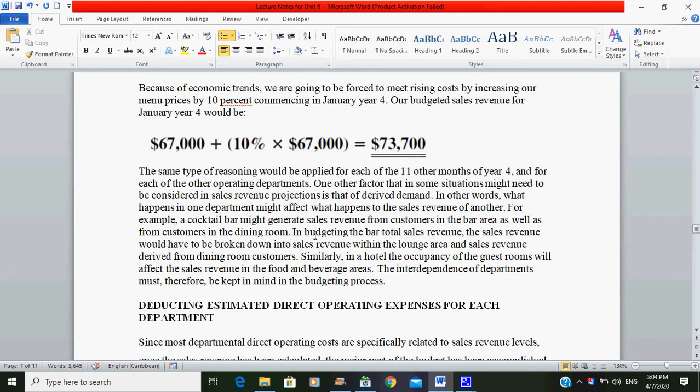In budgeting, the bar total sales revenue would have to be broken down into sales revenue within the lounge area and sales revenue derived from what? Dining room customers. Similarly, in a hotel, the occupancy of the guest rooms will affect the sales revenue in the food and beverage areas. The interdependence of departments must therefore be kept in mind in the budgeting process.